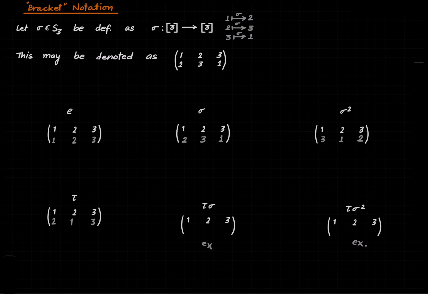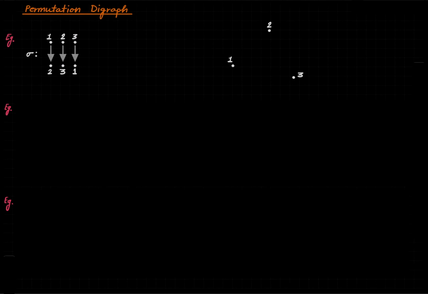But there is another way of looking at a permutation which is very interesting and very useful, and also leads to some very interesting observations, which is the permutation digraph. So you can represent a permutation by making an appropriate graph. So for example, if this is our permutation, where 1 goes to 2, 2 goes to 3, and 3 goes to 1, we can denote that by just a picture.